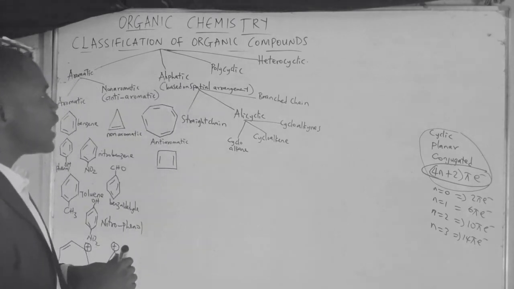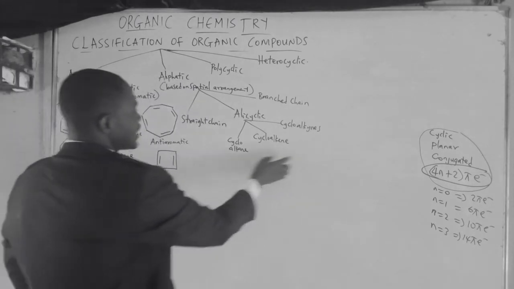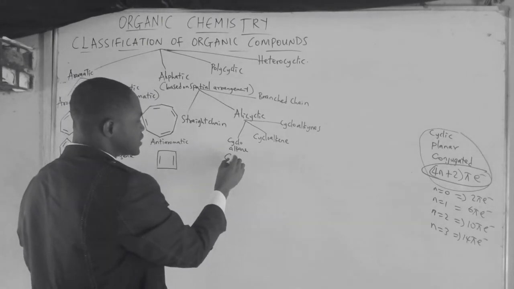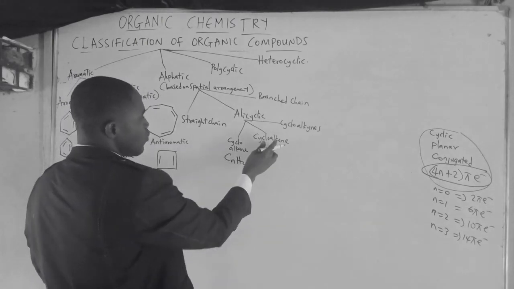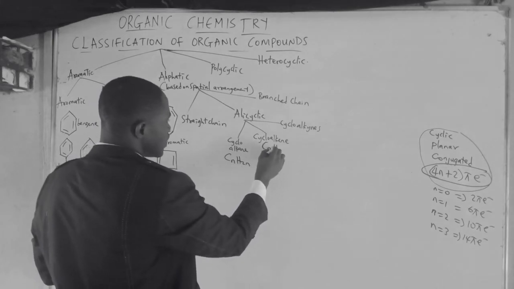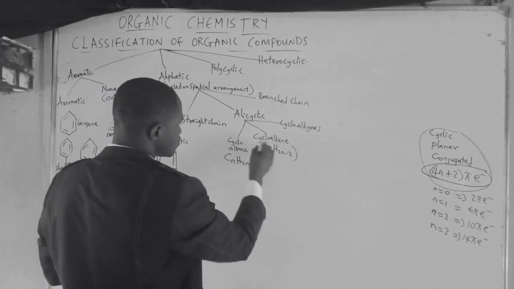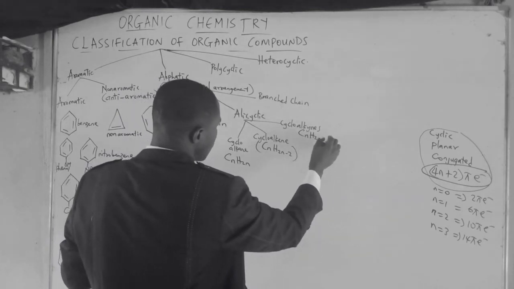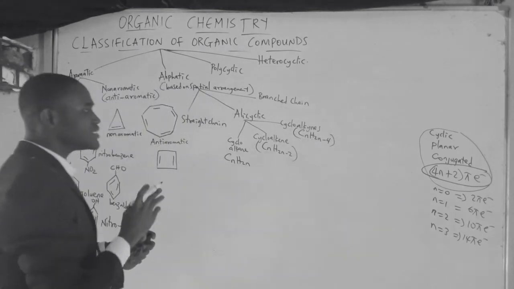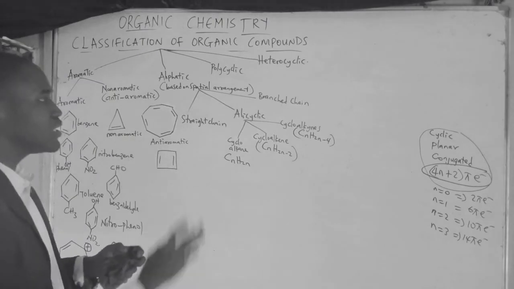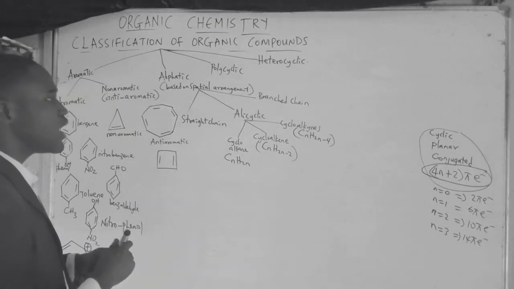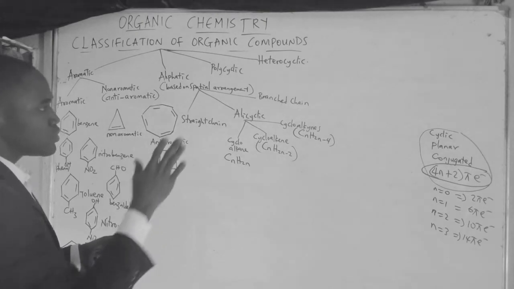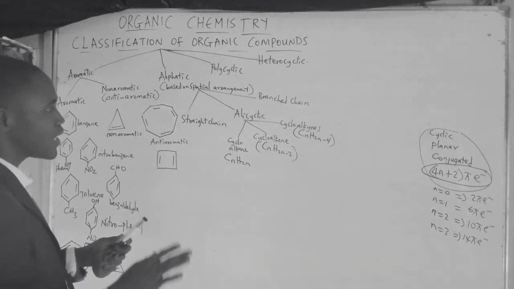Okay? Then for cycloalkane, it has the general molecular formula of CnH2n. Why is this one CnH2n minus 2? Why is this one CnH2n minus 4? That means that any cycloalkane, cycloalkene, and cycloalkyne must have a deficit of 2 hydrogen atoms compared to the normal alkane, alkene, alkyne.